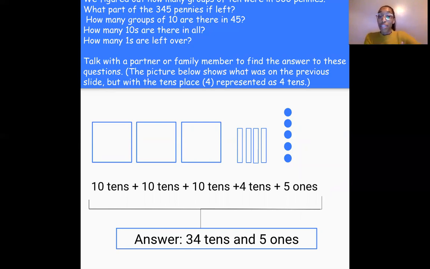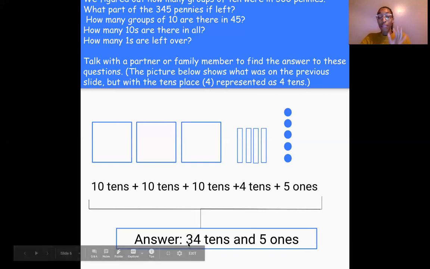And this picture is similar to the one from the previous slide. We're just showing the whole number here. So 345, we know that there were 10 tens, which is that group of 10 tens, another group of 10 tens, another group of 10 tens, and then 4 tens. So we know that we're going to have 34 tens.